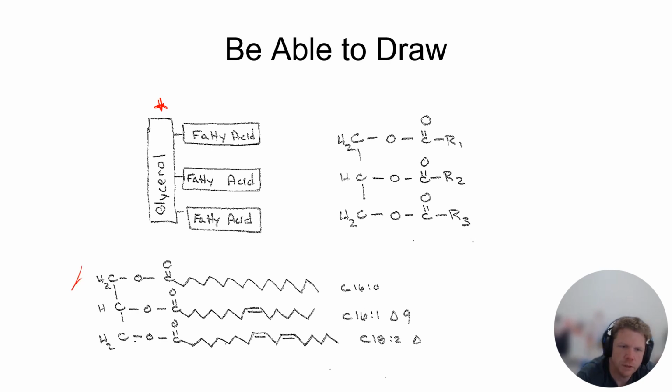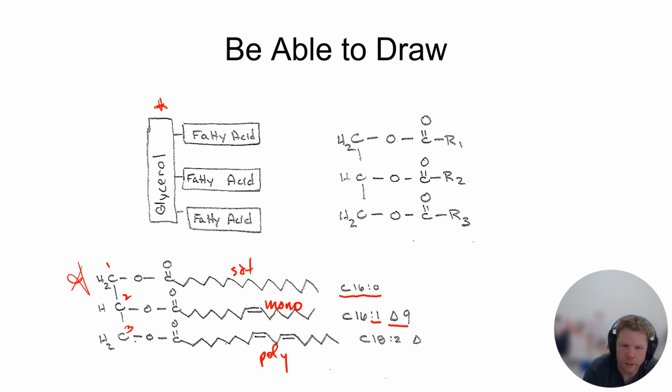And then the one at the bottom is where we're looking at position number 1, position number 2, position number 3. What do we have? We have a 16:0, a fully saturated fatty acid here, a monounsaturated here, and then a polyunsaturated here.